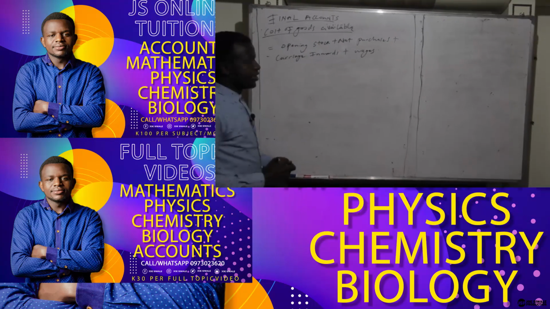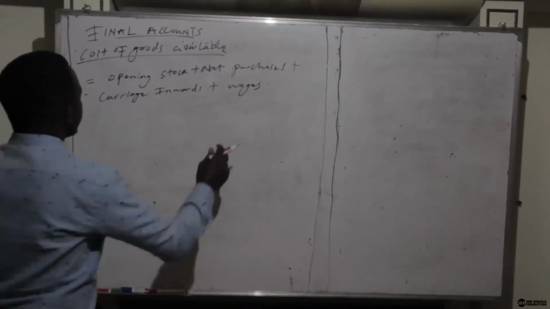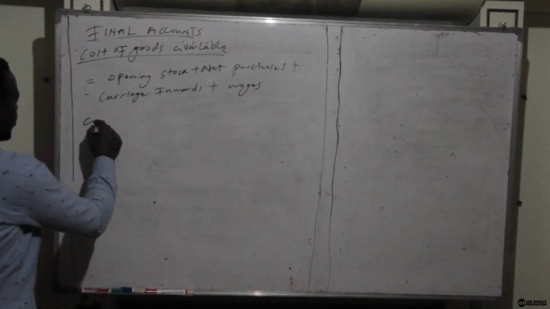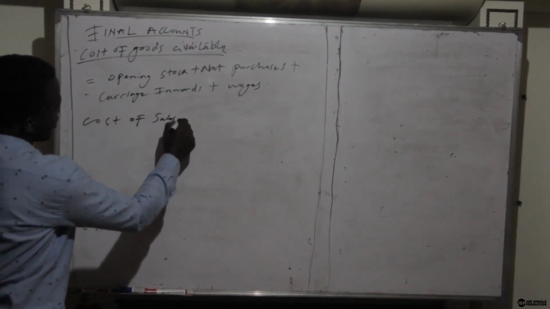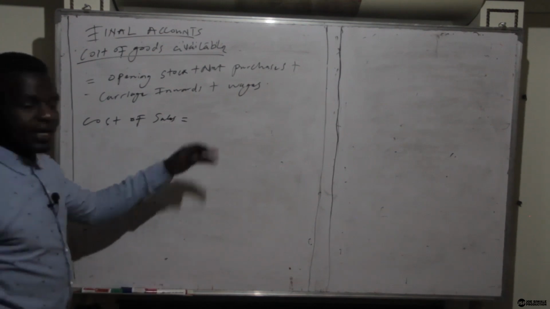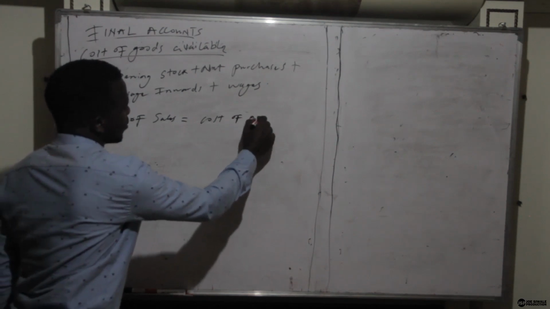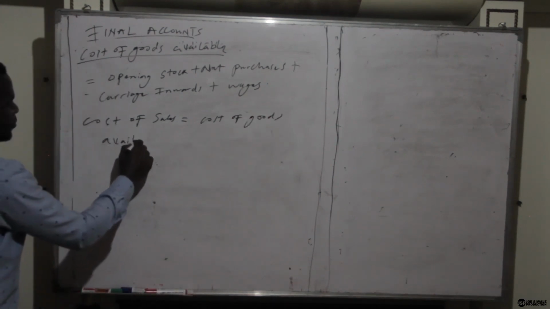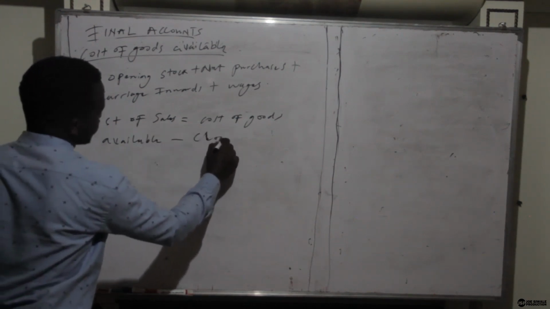So this is the formula that we use when calculating cost of goods available. Then from this formula we can say that cost of sales can be calculated by saying cost of goods available minus closing stock.